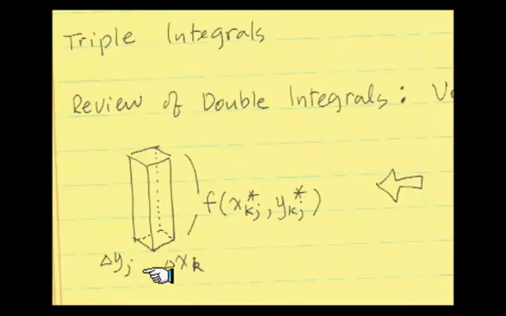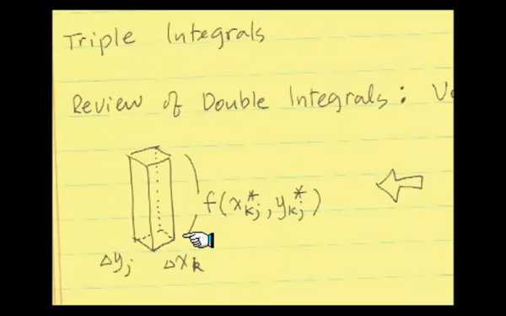So we multiply the area down there, delta x times delta y, times the height. When we choose the height, we have the freedom of choosing a point in this tiny kj-th region and then applying the function to it to get the height. The Riemann sum adds all those things together to compute the entire volume, and each term is the volume of a little piece of the solid, as shown.